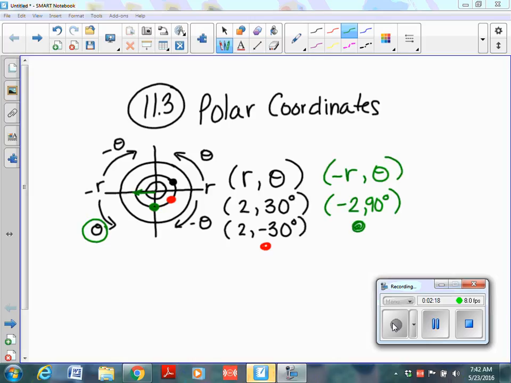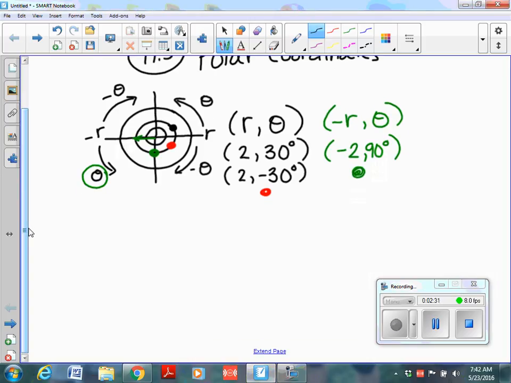So in 9.1 in trigonometry, the first thing you did was learn how to graph points. After you did that, you learned how to go back and forth from polar to Cartesian. What's Cartesian? Cartesian is x comma y.